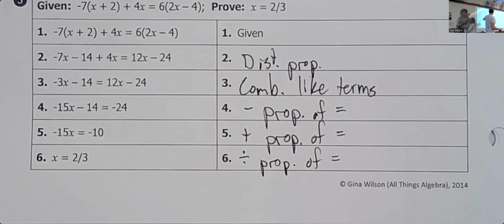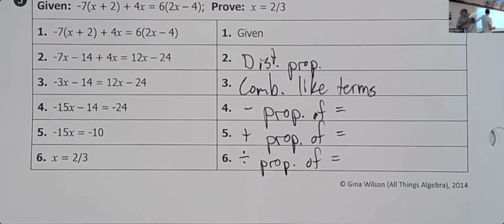Okay, so sometimes it can also help to actually do the work. If you wanted to get from here to here without looking over here, you'd probably distribute the -7. You'd probably distribute the 6. And then next, if we're going to solve for x, we have to combine our like terms first.